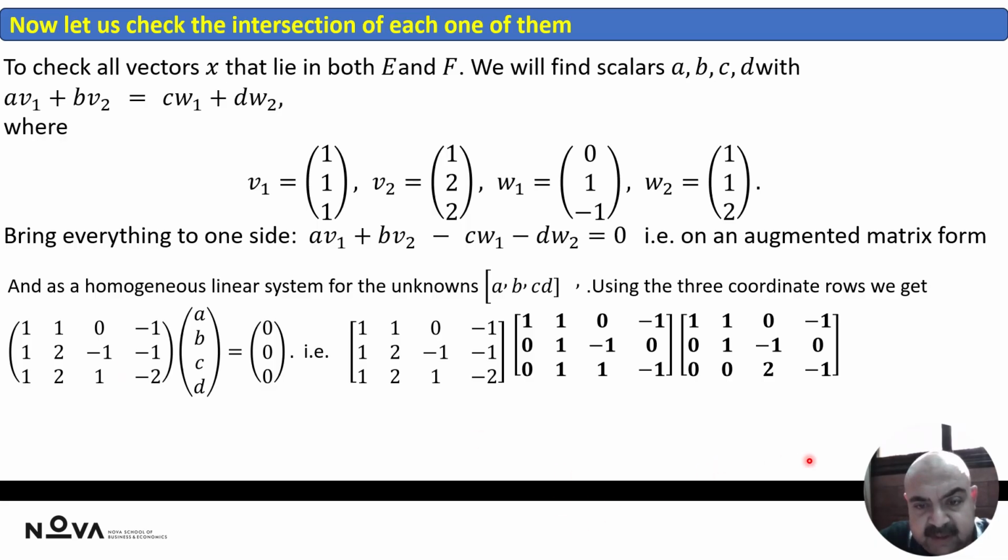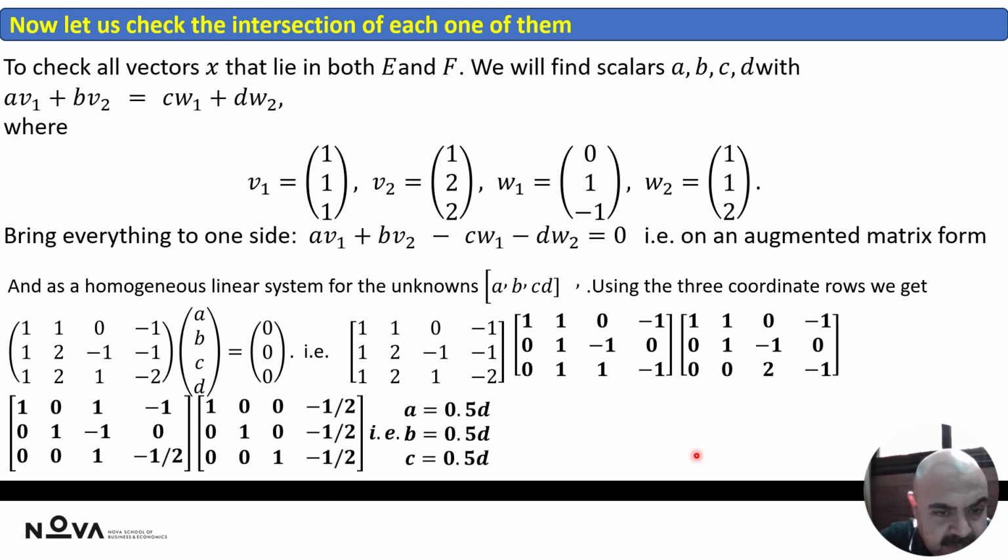we will find, as I told you, by continuing to the reduced echelon form, that a is equal to negative half of d, b is equal to negative half of d, and c is equal to negative half of d.